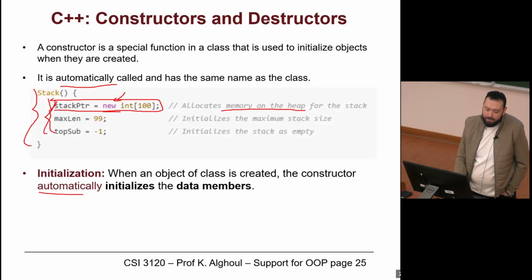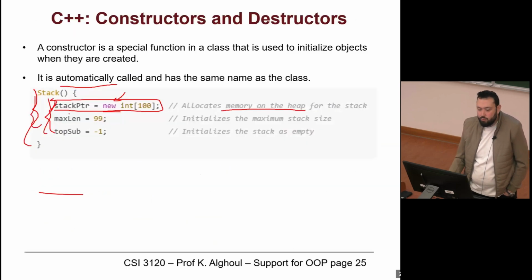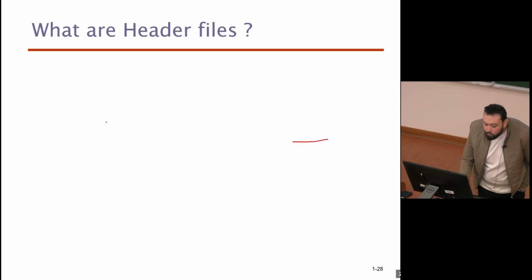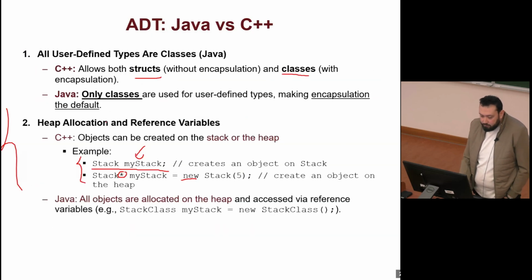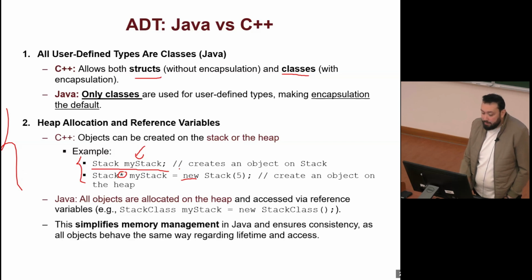Not all the constructors will have heap allocation. But what we're talking about now at this point is the object itself. So the object can be on the stack or heap, but when it comes to Java, all objects are located on heap. Now, this simplifies memory management and ensures consistency as objects behave the same way regarding lifetime and access.